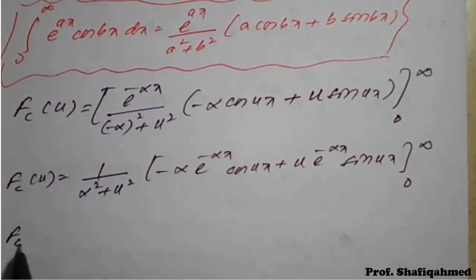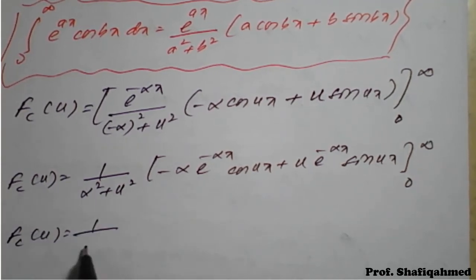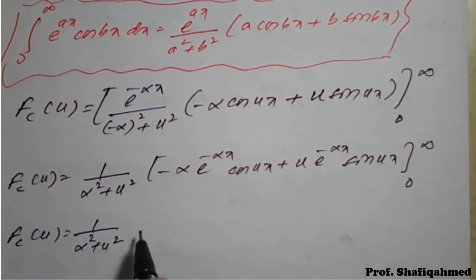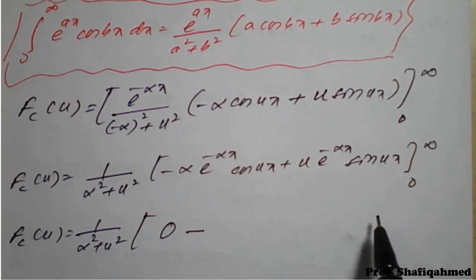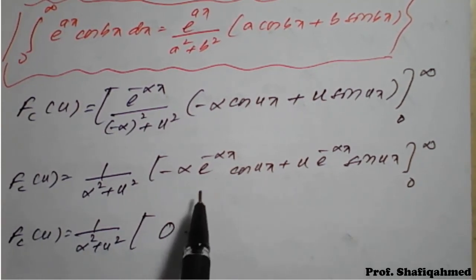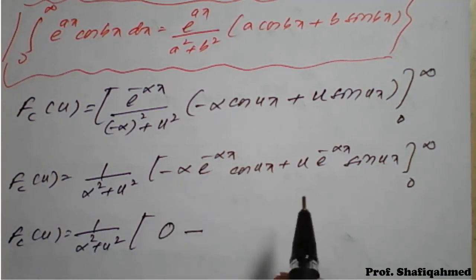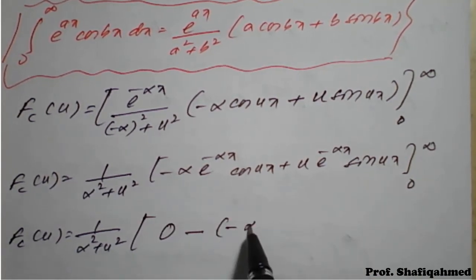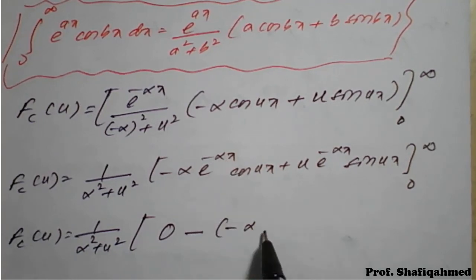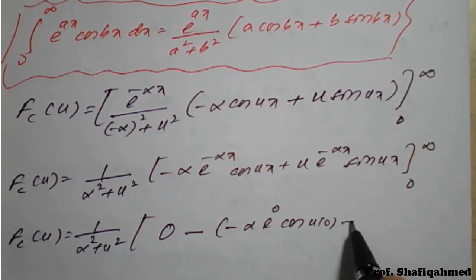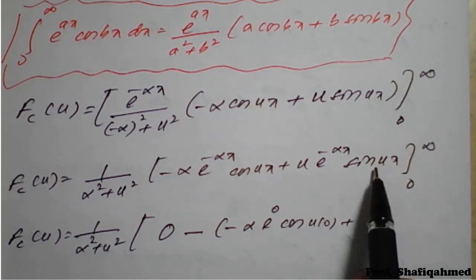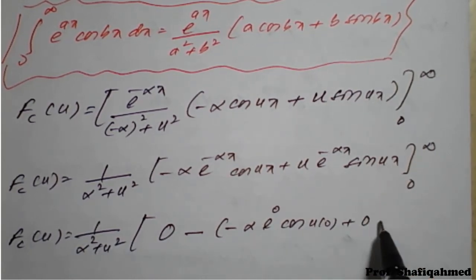So fc of u is equal to 1 upon alpha square plus u square, upper limit gives 0 minus, then on applying the lower limit: minus alpha e raised to 0 into cos of u into 0 plus sine of 0, which is 0, so that part is completely 0.